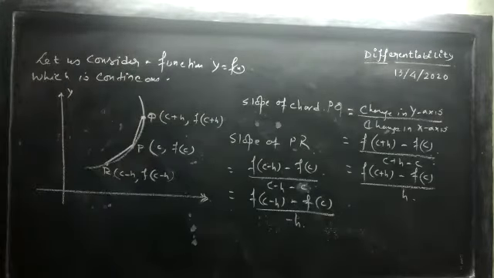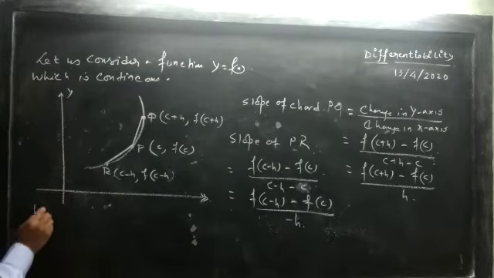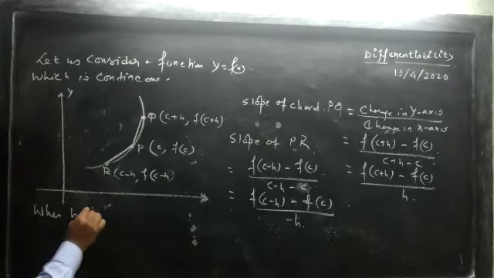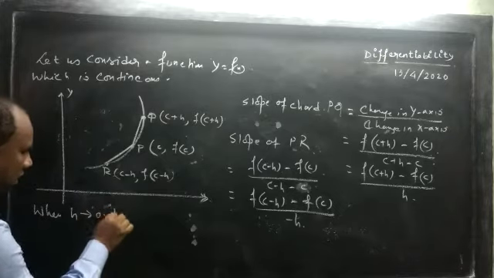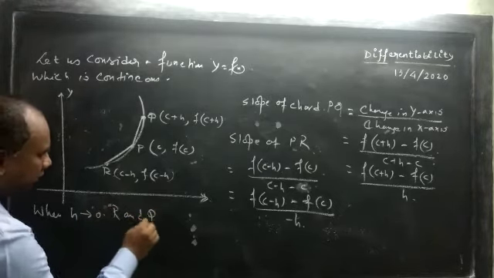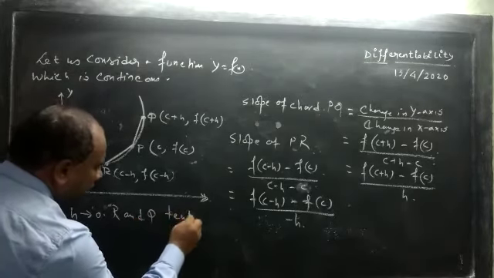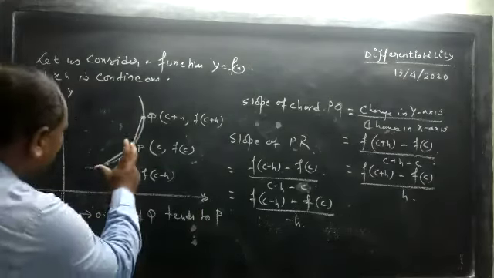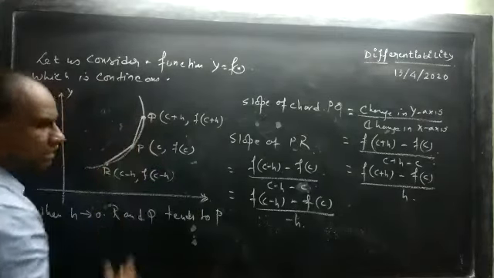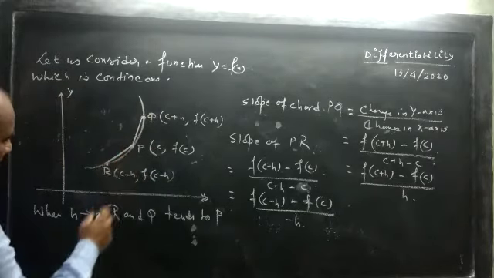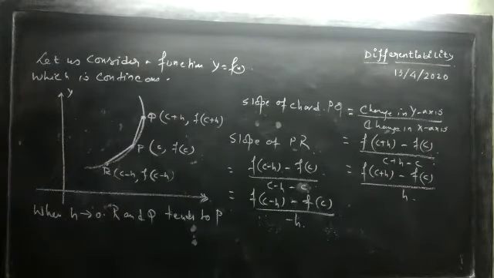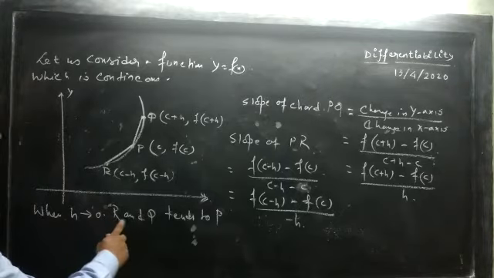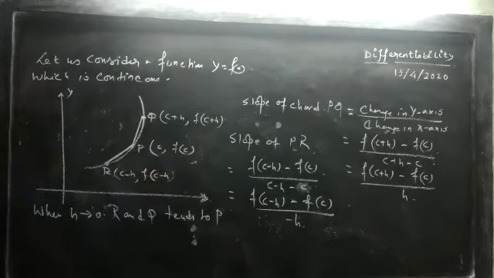When h tends to 0, R and Q tend to P. That means these two points are nothing but the same point.